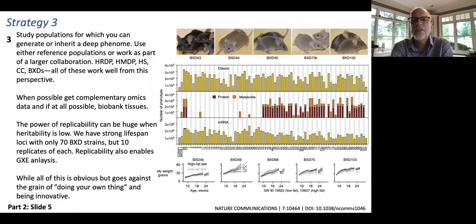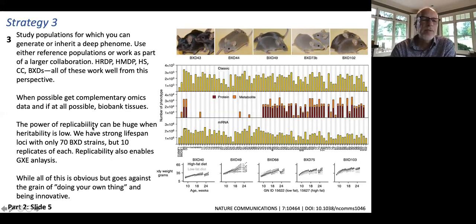So a deep phenome works. You can do this with either an isogenic cohort. You can do it with consomics, BXDs, HRDP. You can also do it with an HS or the DO, but you really have to have your act together. You have to build up a large collaboration so that you actually generate a lot of data for a particular cohort.